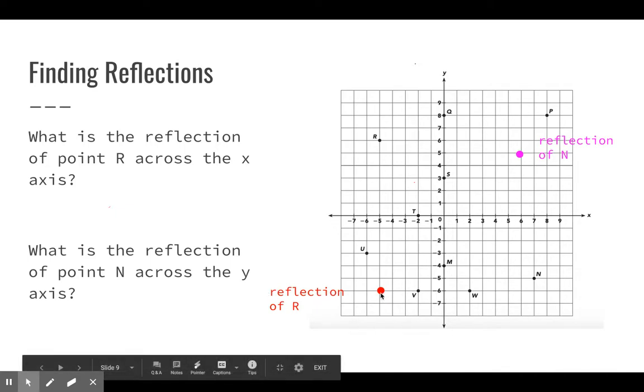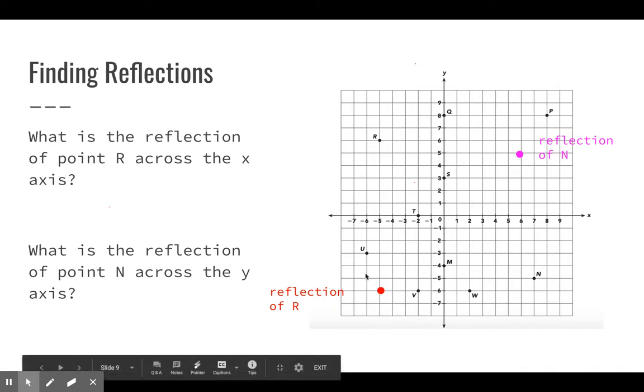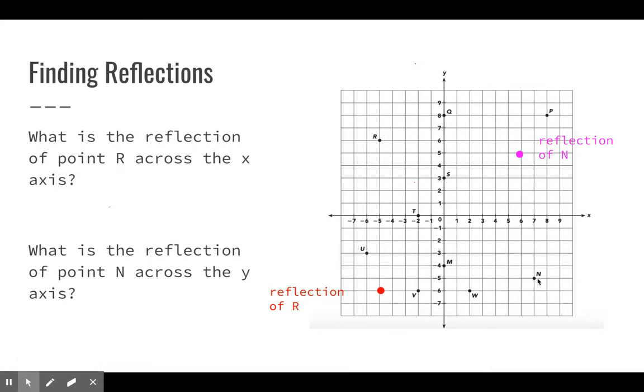That's right. Here's the reflection of R. Point R was at -5, 6. The reflection is at -5, -6. My x coordinate is the same. My y coordinate is the opposite. I just realized I plotted N across x as well.